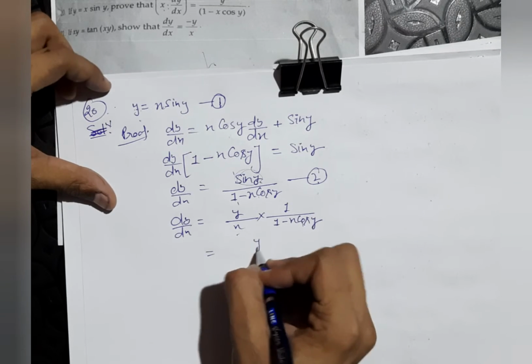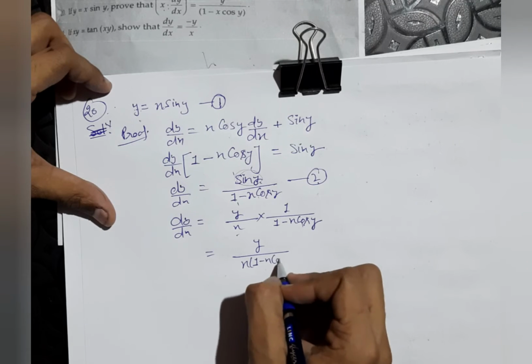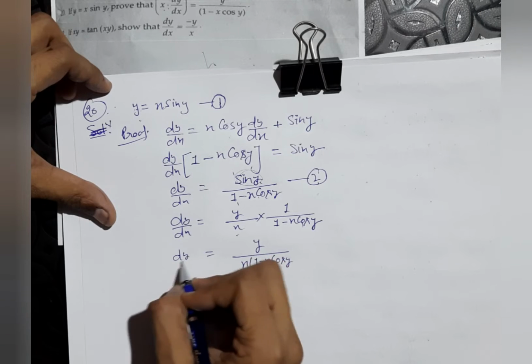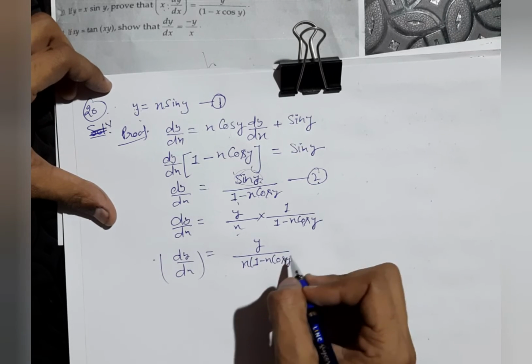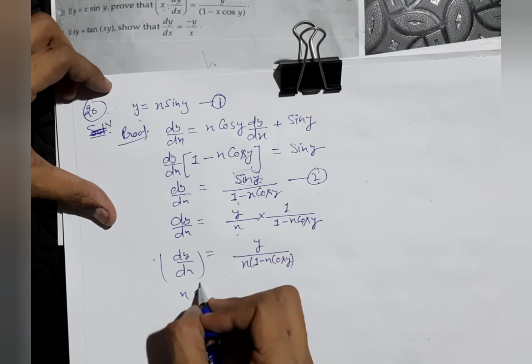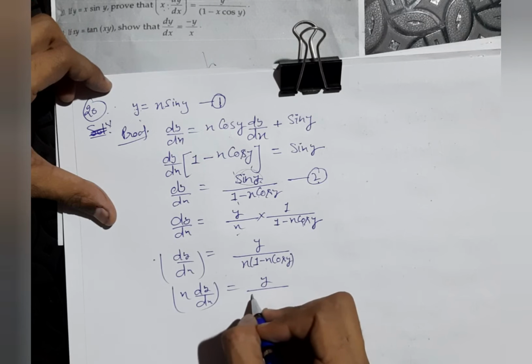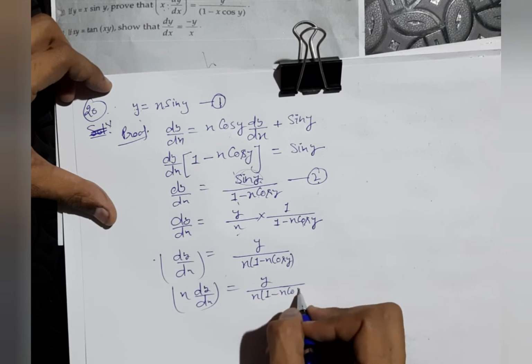Now this is y over x times 1 minus x cos y, and this is dy over dx. This x can be taken here, so x dy over dx equals y divided by 1 minus x cos y.